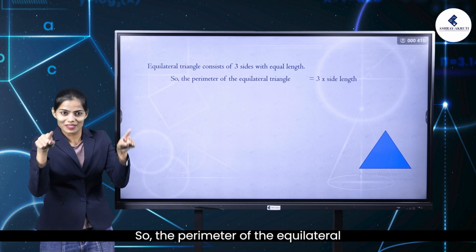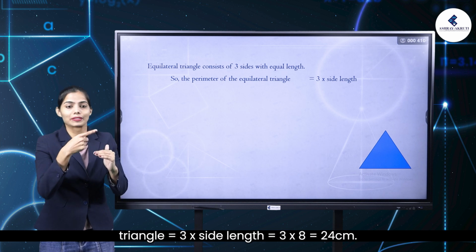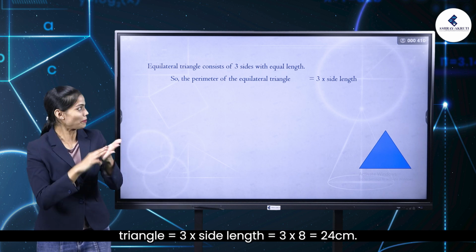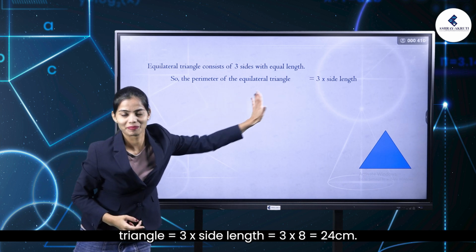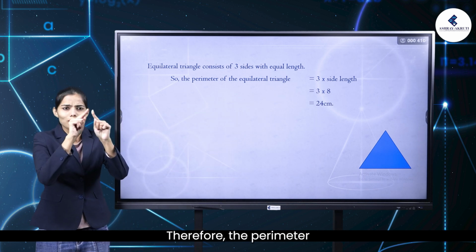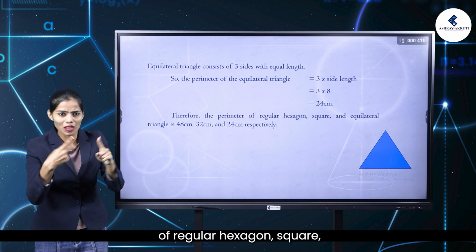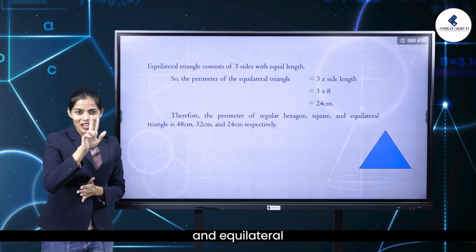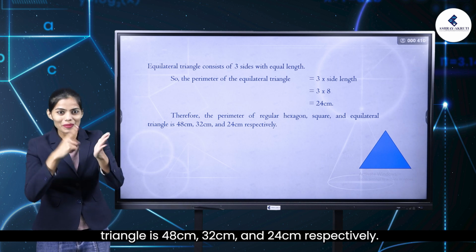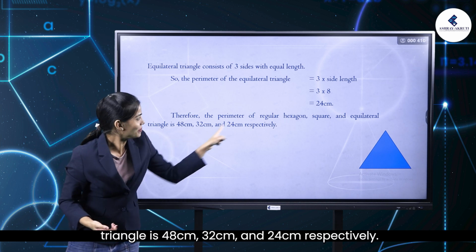So, the perimeter of the equilateral triangle is equal to 3 into side length, is equal to 3 into 8, is equal to 24 cm. Therefore, the perimeter of regular hexagon, square and equilateral triangle is 48 cm, 32 cm and 24 cm respectively.